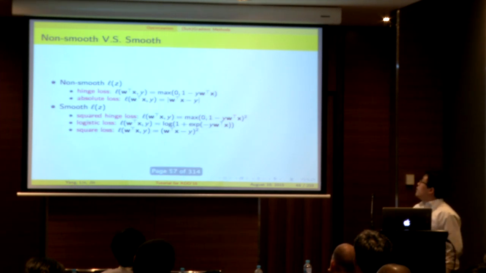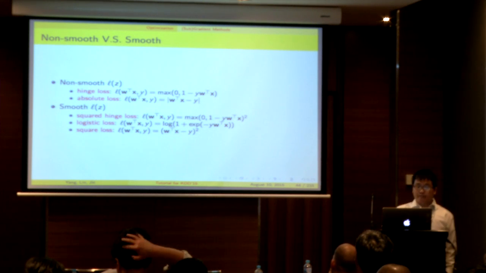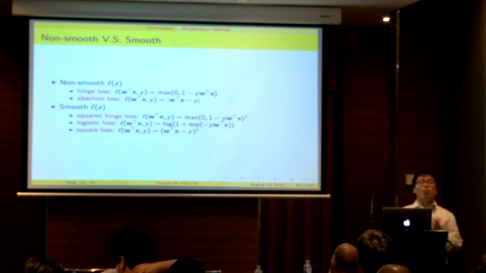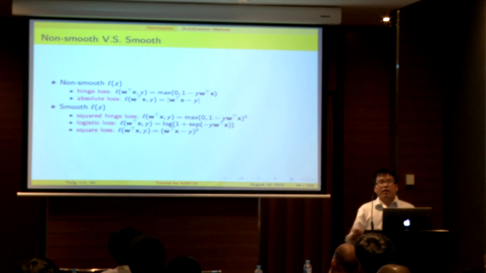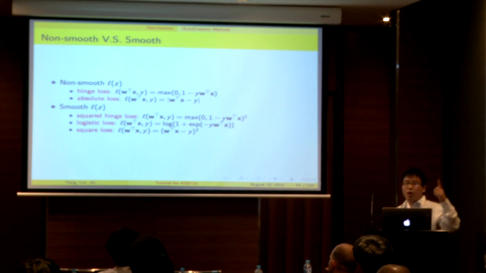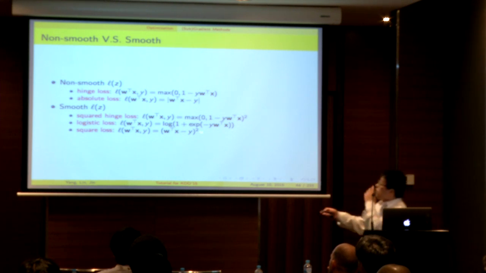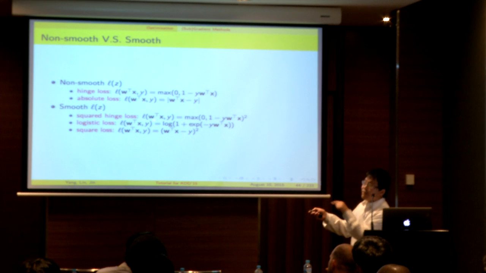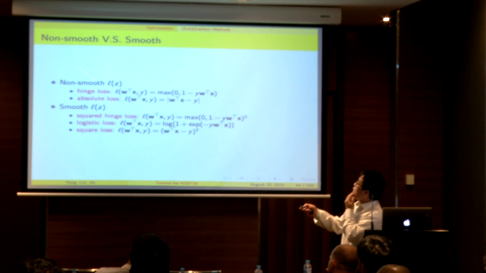Okay. So after I introduce all of these complexities, you may ask, what properties of the problem eventually determine the convergence rate of the algorithm? There are two important properties: the first one is smoothness, and the second one is strong convexity. Smoothness is related to what kind of loss function you use for your problem, for a regression task or classification task.